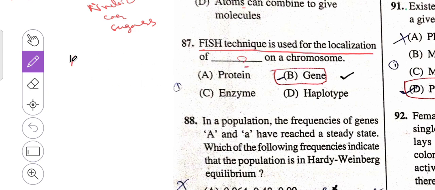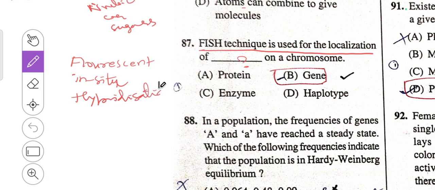FISH means fluorescent in situ hybridization. So this technique is used in localizing genes on a chromosome. So B is the right answer.